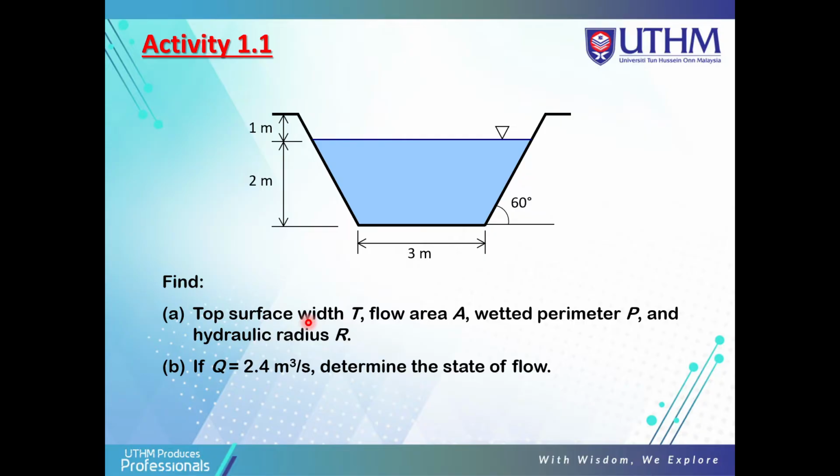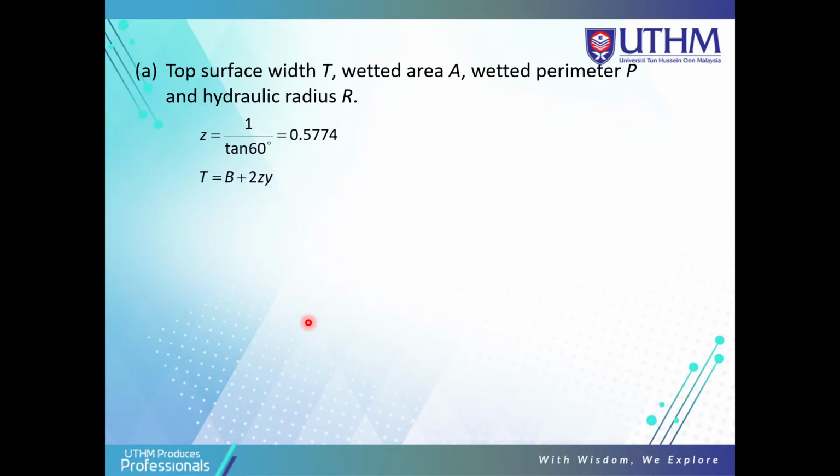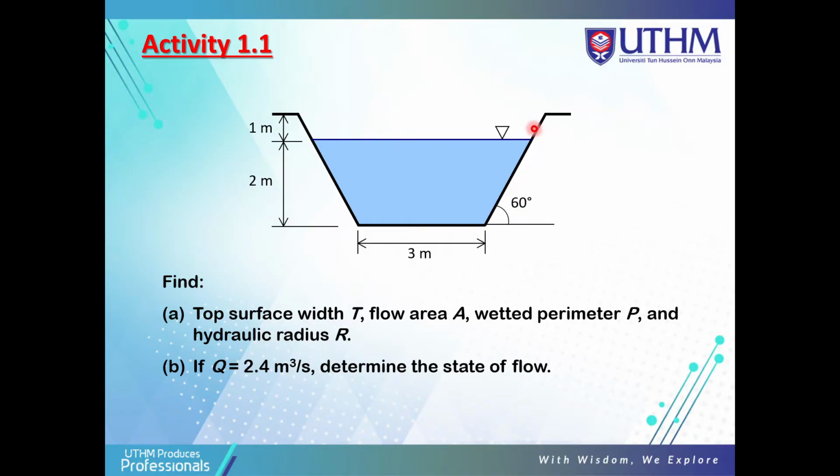To find the top surface width, flow area, wetted perimeter, and hydraulic radius, you can look again at the table here.